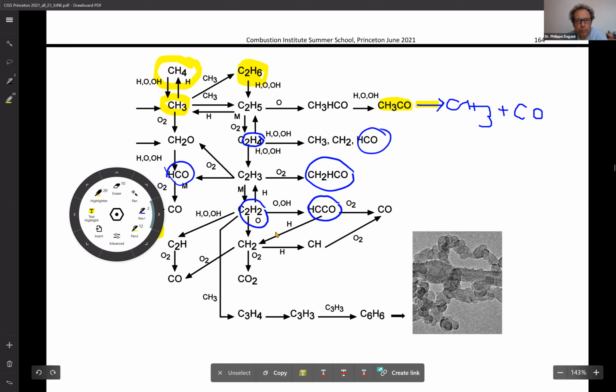So one of their formation pathways is through the oxidation of acetylene.